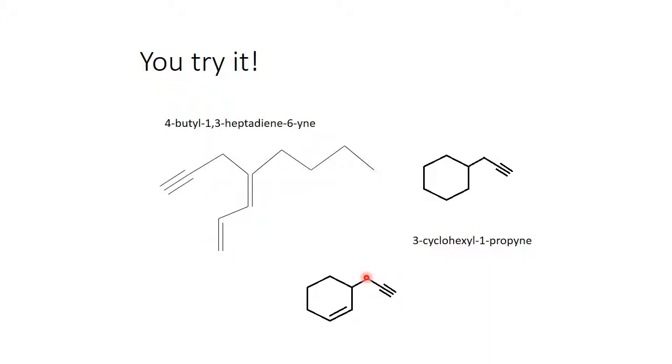Where is the ene? You always number from the point of attachment, which is right here. This is the number 1 carbon, so that's the number 2 carbon. So we will call this 3-(2-propynyl)cyclohexene.